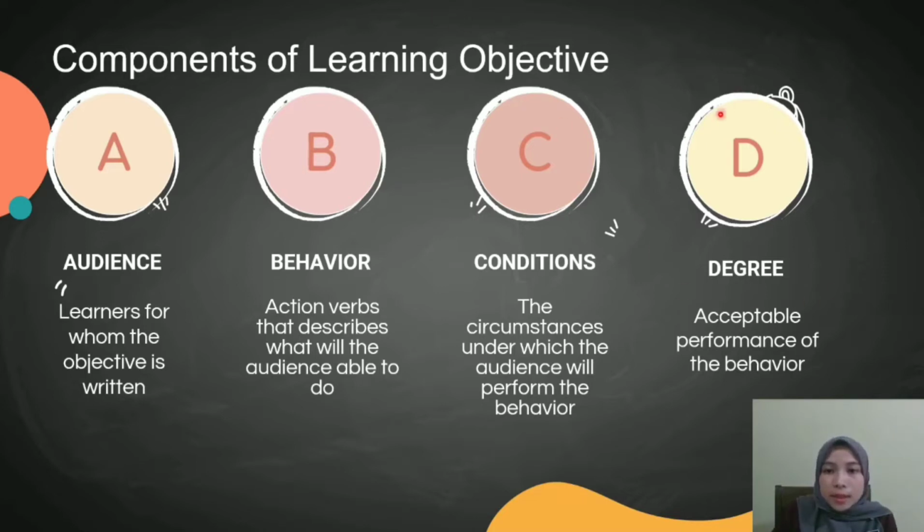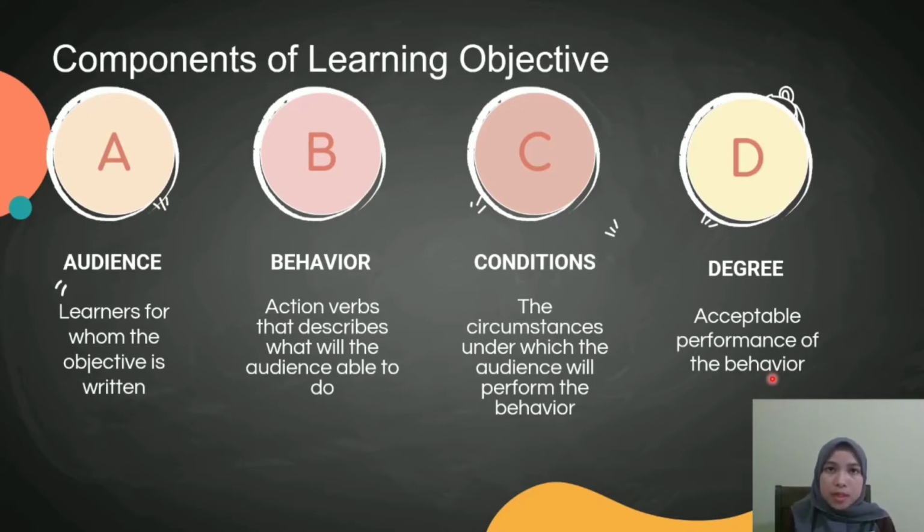And lastly is D. D refers to degree. Degree is the acceptable performance of the behavior. So, a learning objective also should identify to what degree a given skill or knowledge must be achieved by the learner.